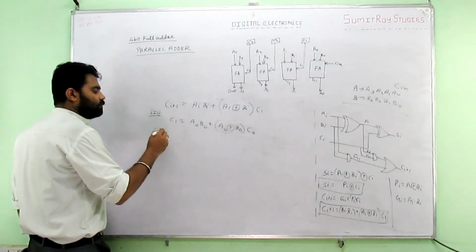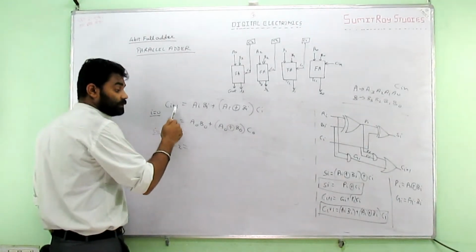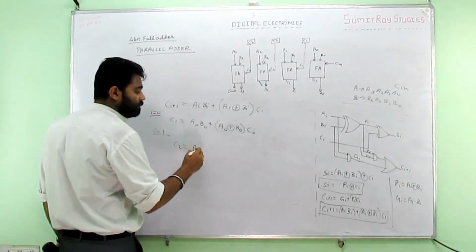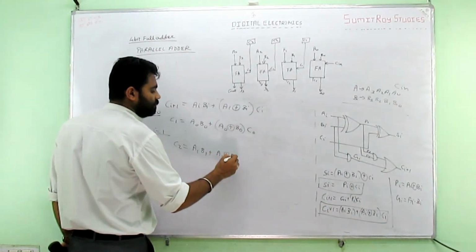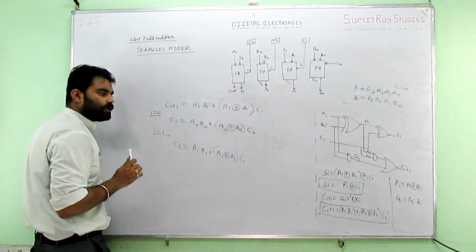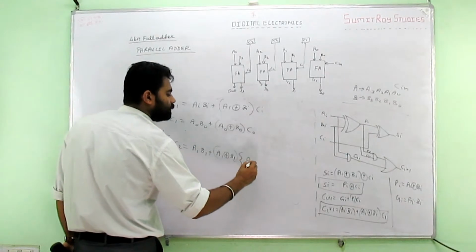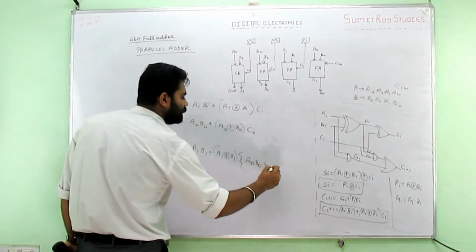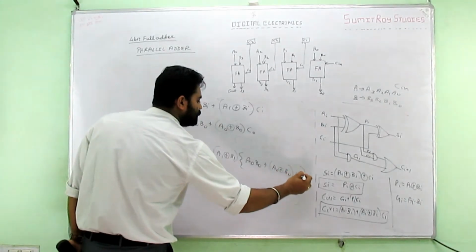Similarly, if i equal to 1 is taken, that is C2. That is 1 plus 1, C2 can be written as A1 B1 plus A1 exclusive OR with B1 and C1. C1 has already been developed, so why write C1? I can write A naught B naught plus A naught exclusive OR with B naught and with that C naught.